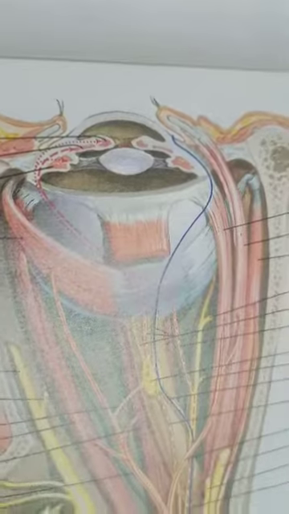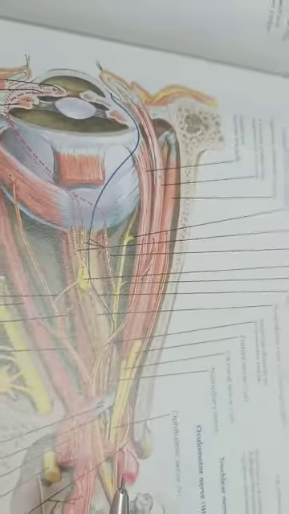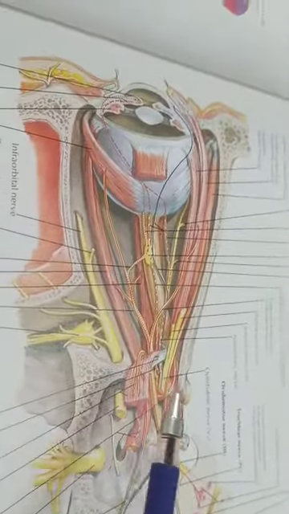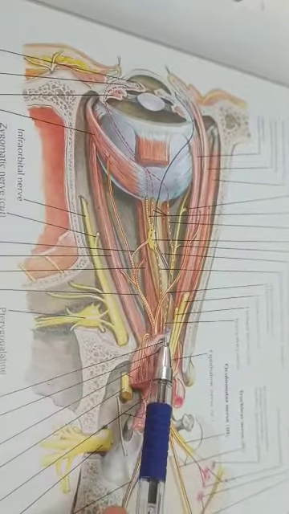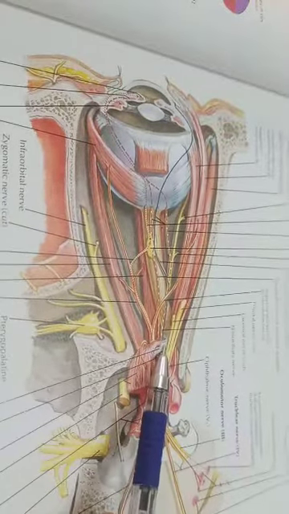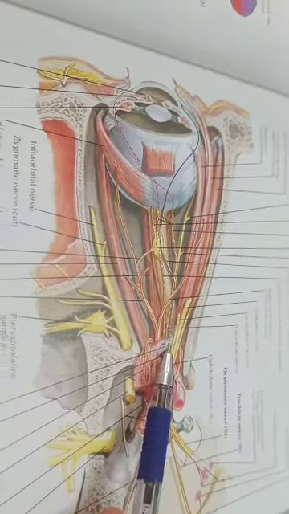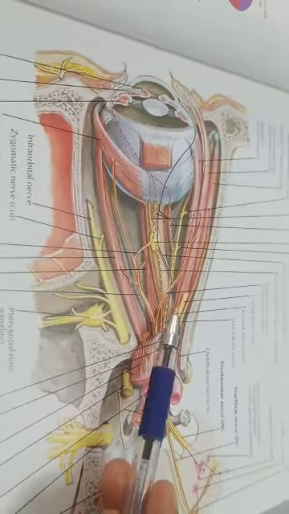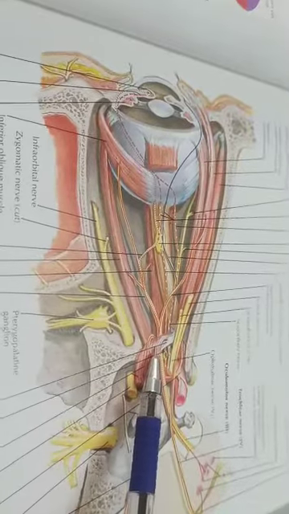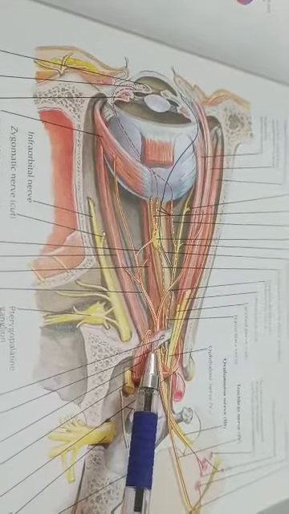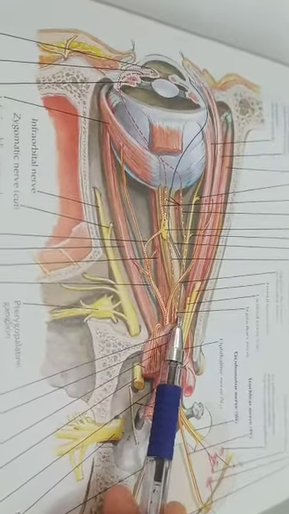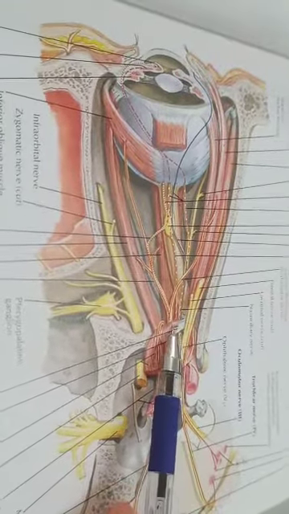Then coming to the origin of the rectus muscles. The rectus muscles originate from a common tendinous ring. Here we can see the common tendinous ring. Superior rectus originates from the superior part of the ring, inferior rectus from the inferior part, medial rectus from the medial side, and lateral rectus from the lateral aspect of the common tendinous ring.